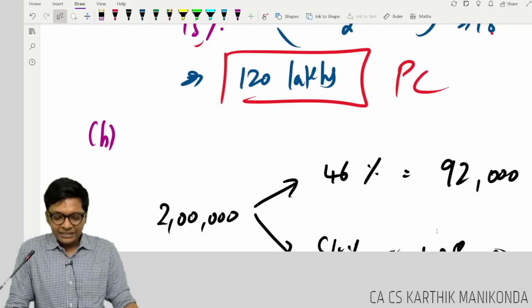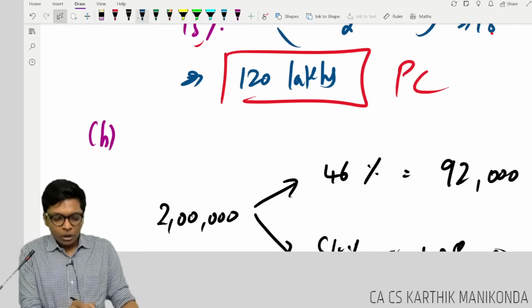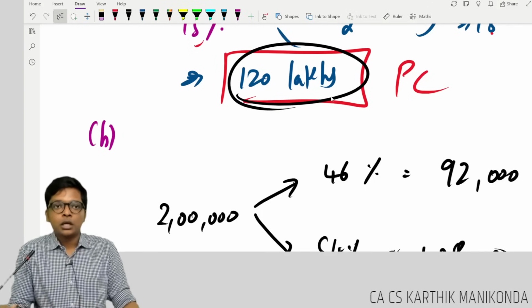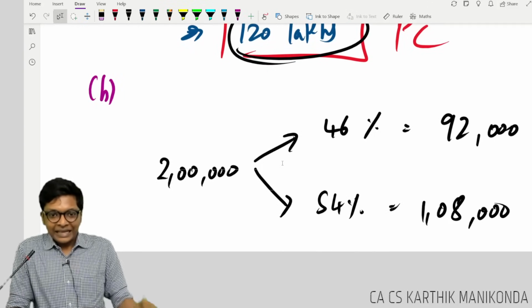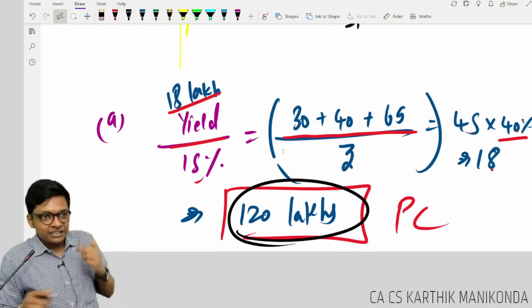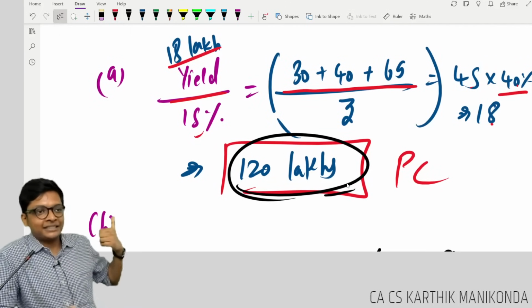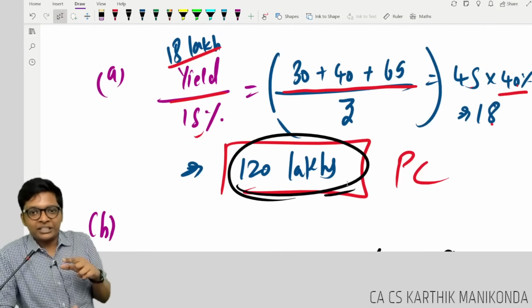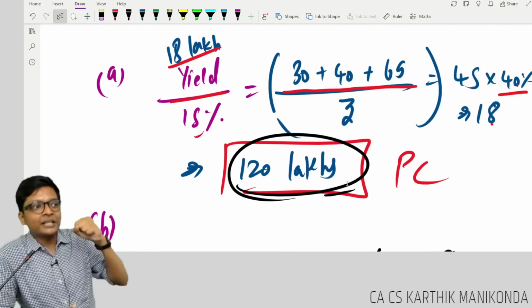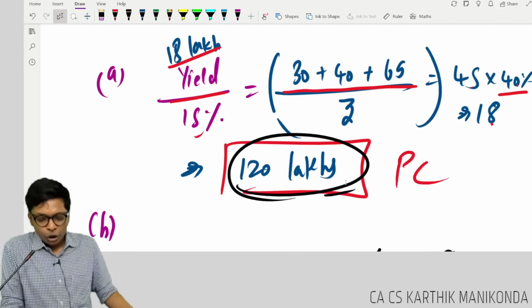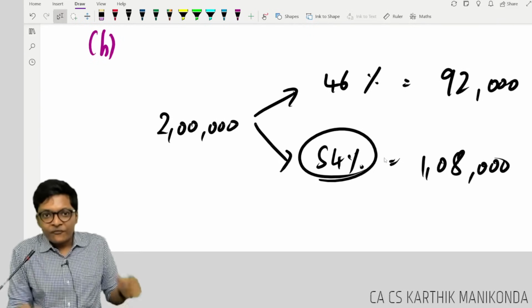But what has happened? The whole company is worth 120 lakhs. In amalgamation chapter, we used to stop the sum with 120 lakhs, correct? Because in amalgamation, I am purchasing the whole company. But here, you are purchasing only 54%.